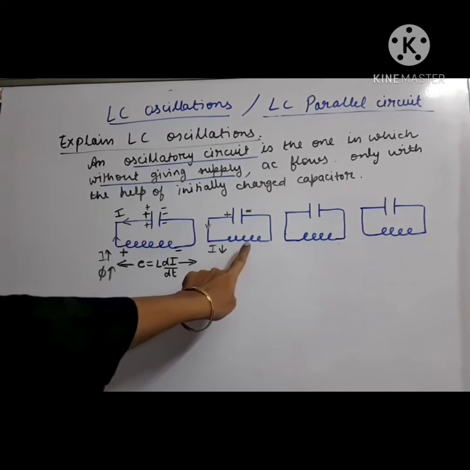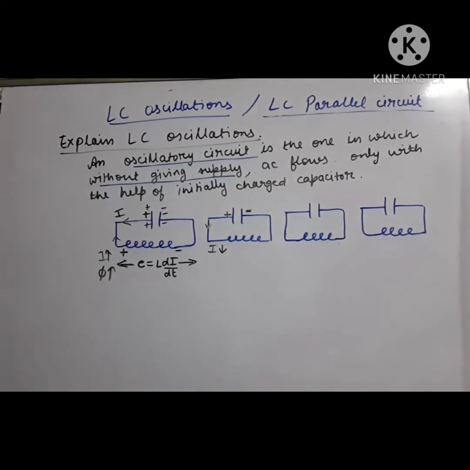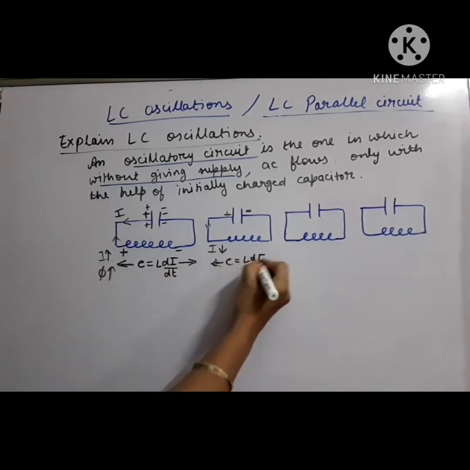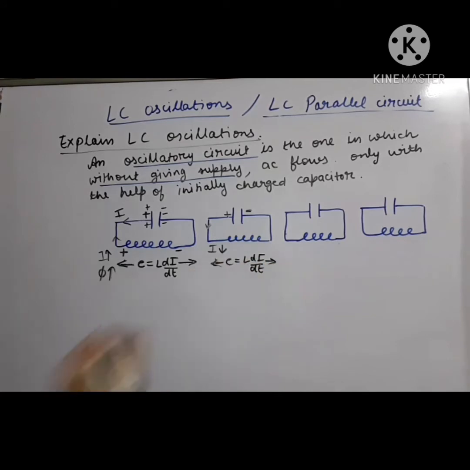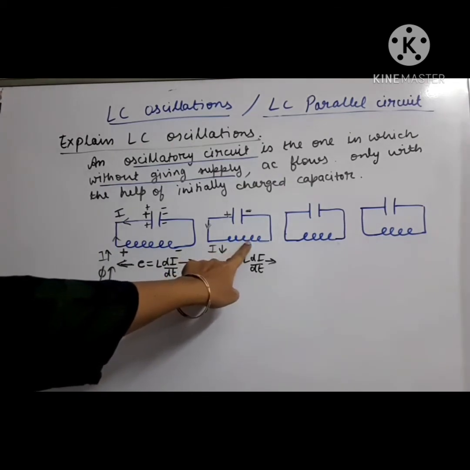So the inductor will again develop an induced EMF across it, but the polarity of this induced EMF is opposite. Why? Here the cause was increasing current, but now the induced EMF is developed due to decreasing current or decreasing flux.